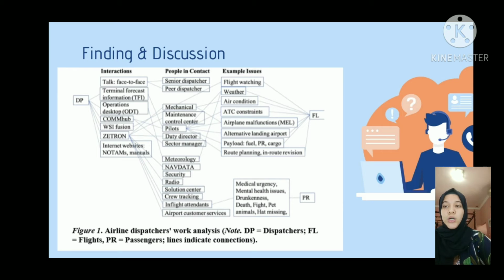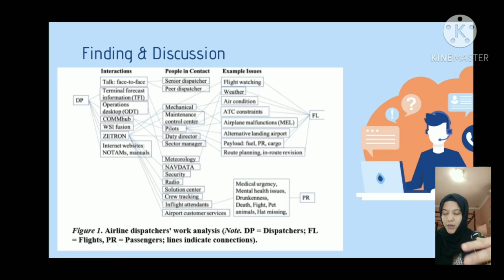For example, the dispatcher will interact with the pilots to tell about the weather, about the ATC constraints, about the airplane malfunction, about the alternative landing airport, fuel, passengers or cargo, and then route planning or in-route revision.